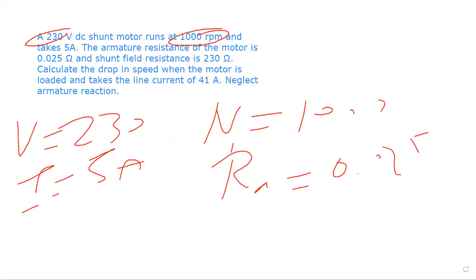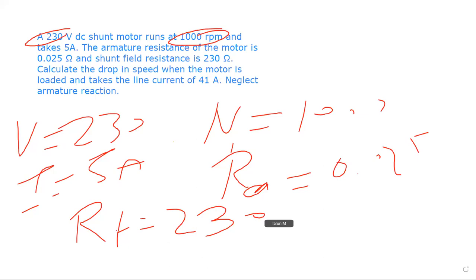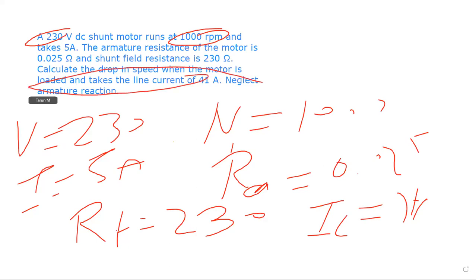We say armature resistance is Ra, and for the shunt we'll refer to it as Rf, so that we can differentiate when we are doing the numerical. Calculate the drop in the speed when the motor is loaded and takes a line current IL of 41 amps. Neglect the armature reaction. So they are saying you can neglect the armature reaction.